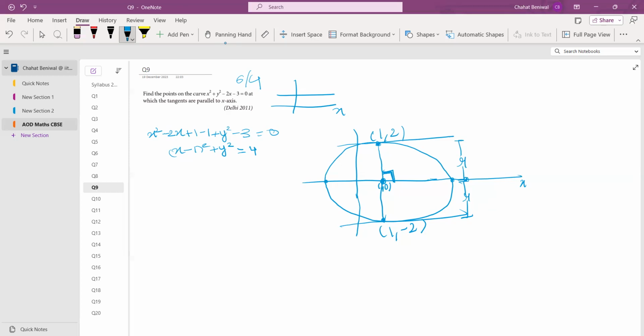I guess to find the points where the tangent will be parallel to the axis, we need to find the equation of this line, the diameter line. And then we need to solve it with the curve. Then we are going to get two values of x and y. So yes, I guess that is going to be a fine way of solving this.